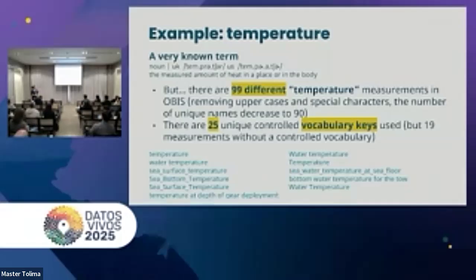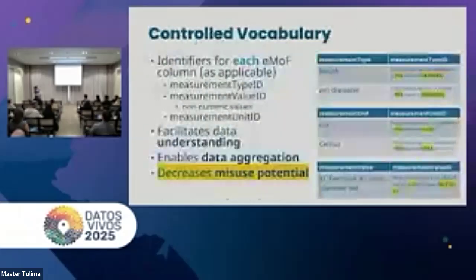And then there are 25 different vocabulary keys to describe different types of temperature. So when we say temperature, okay, we could mean water temperature, but then what about where in the water? The sea surface temperature, sea bottom temperature, and then of course there are different ways of measuring temperature that we might want to capture.